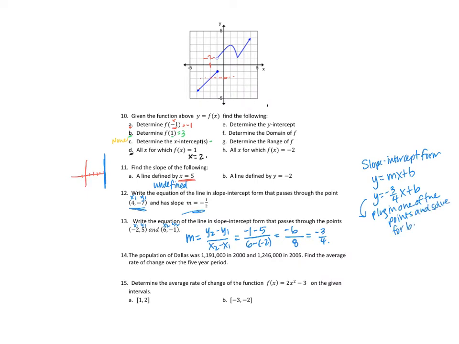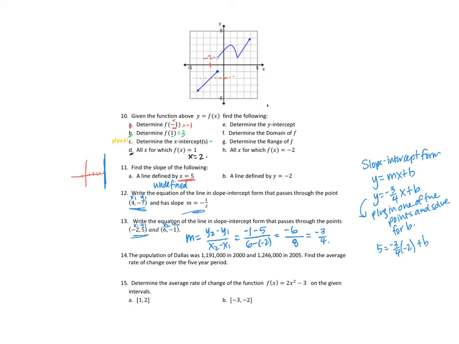This is just another method for finding the equation of a line. And so I'm going to pick the point -2, 5, and I'm going to plug that in for x and y. And so I'll get 5 equals -3/4 times -2 plus b.